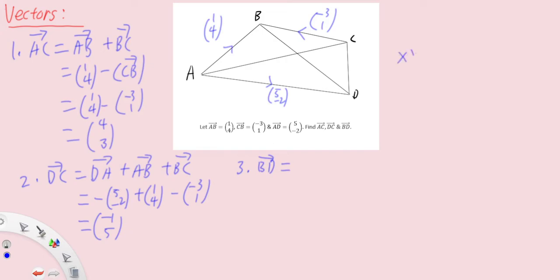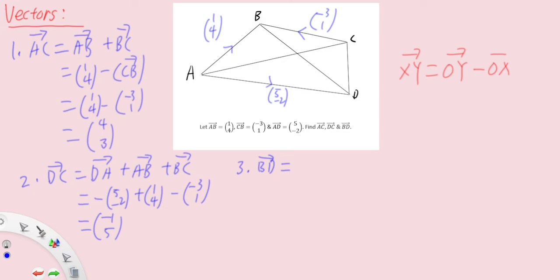If we have one vector with two points, say vector XY, it is the position vector of the second point minus the position vector of the first point. They share a common point, either O, A, or whatsoever. We can use that idea here.